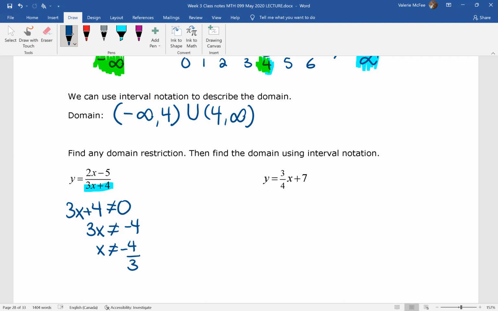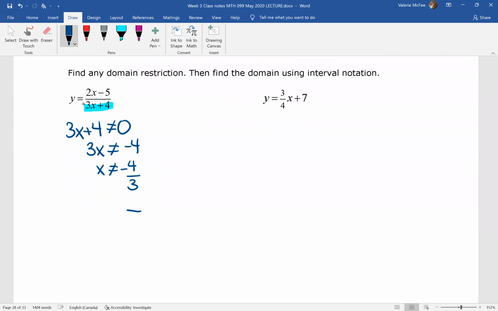X cannot equal negative 4/3. So if I think about that on a number line, x can equal every number down to negative infinity, every number up to positive infinity, but not negative 4/3.